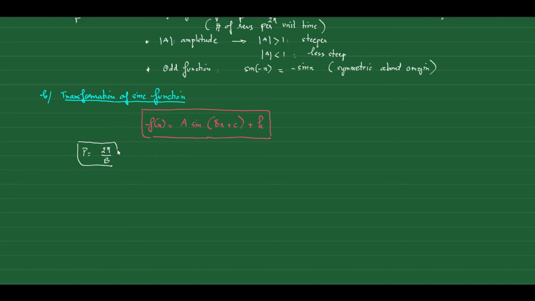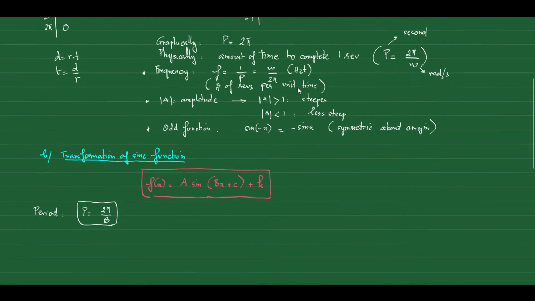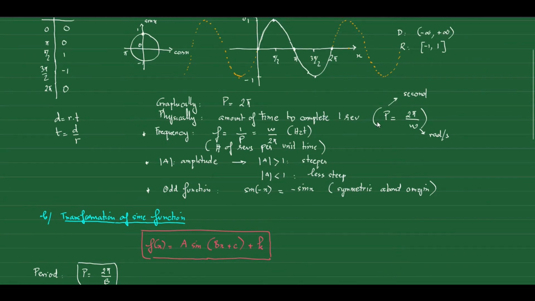Graphically, I'm not talking about time. For circular motion, this formula changes to 2 pi over omega, depending on how fast the particle is moving.